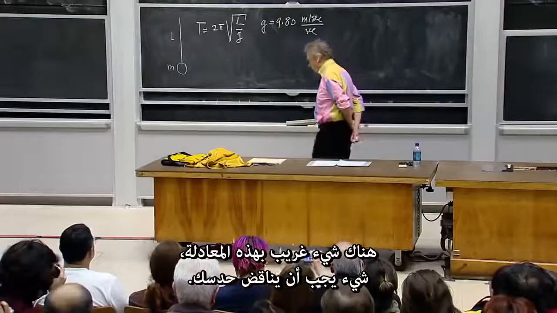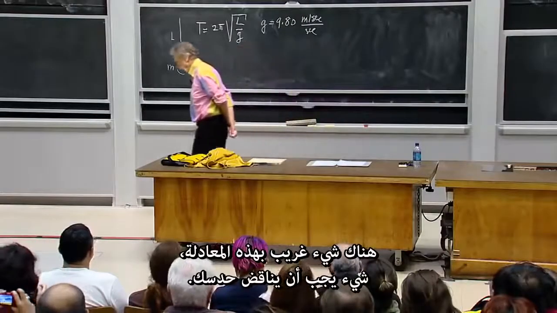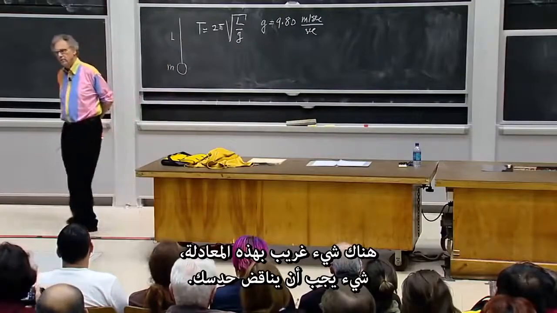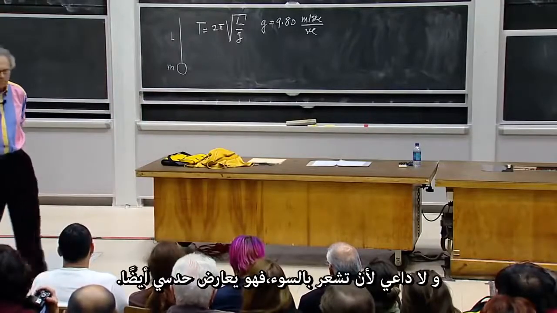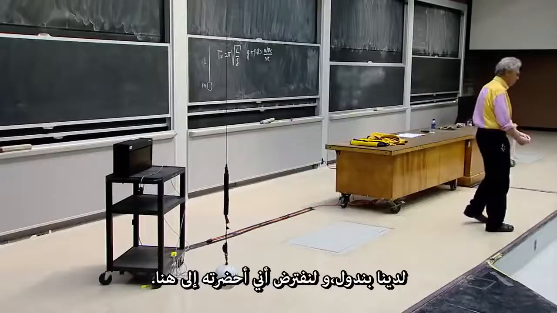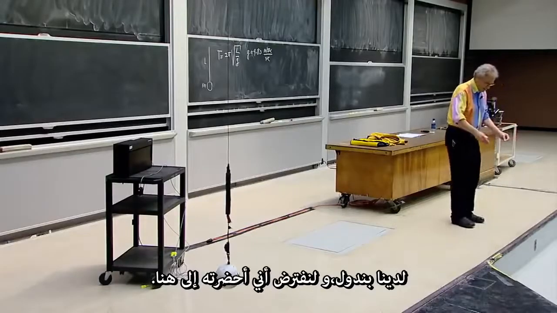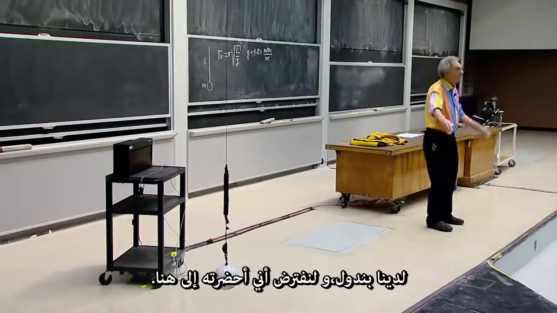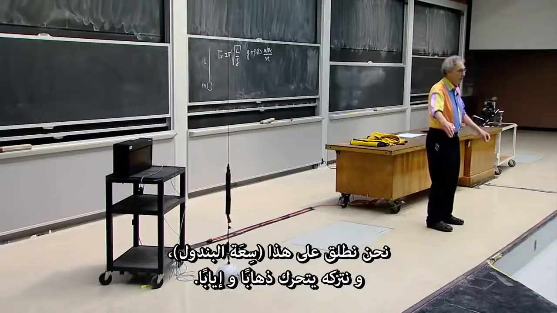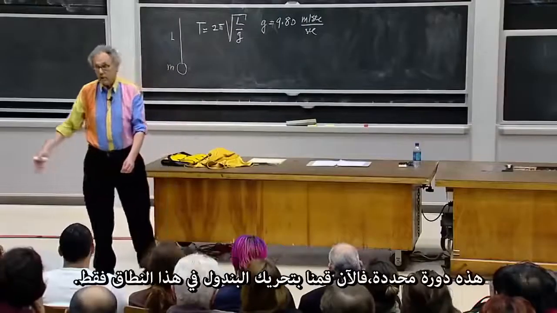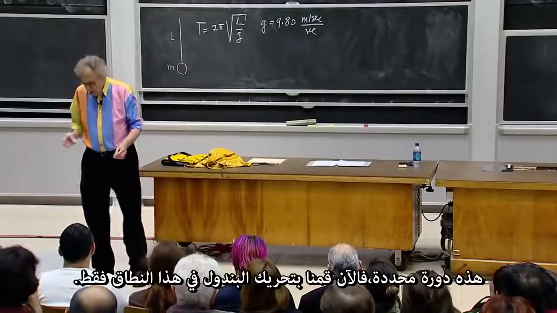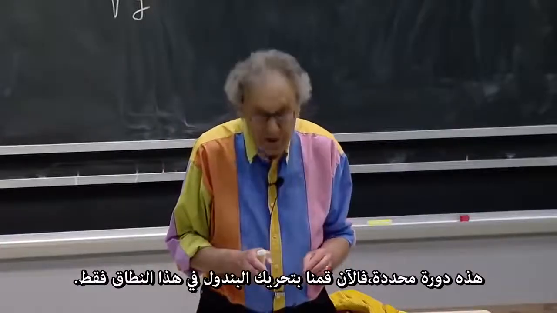There's something weird about this equation. Something that must go against your intuition. And you shouldn't feel bad because it also goes against my intuition. So we have the pendulum, and suppose I bring the pendulum all the way out here. We call that the amplitude of the pendulum, and we let it swing back and forth. There's a certain period. But now we bring it out only this far.